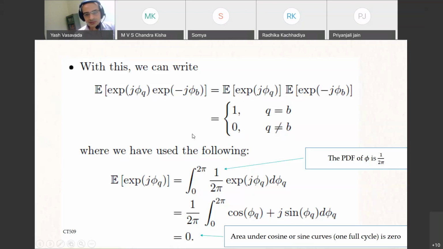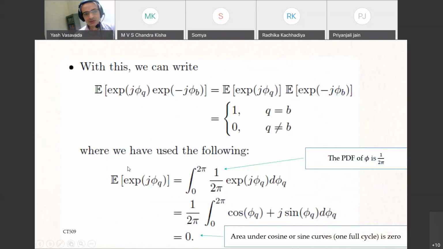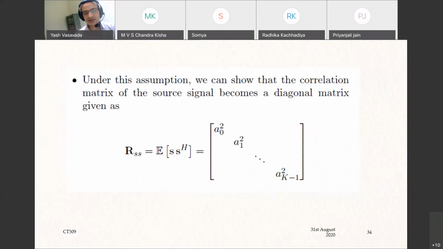Okay, so now with that as our main basis, what we can say is that if I take the correlation matrix of this vector S right now, then what I'm going to get is just a diagonal matrix. And the elements along the diagonal are nothing but those amplitude squared.